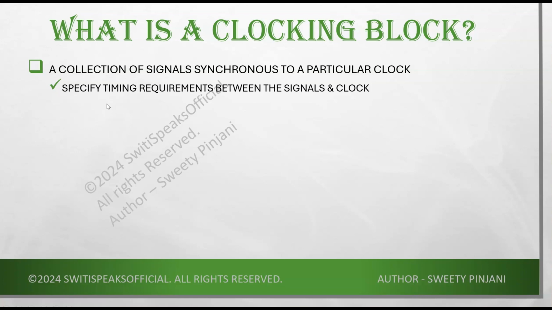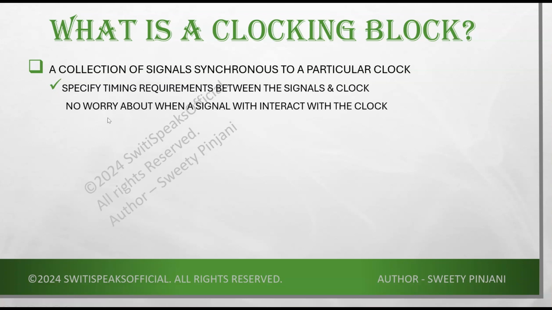What does a clocking block do? It will specify the timing requirements between signals and clock. What are these timing requirements? I am going to explain it to you with the help of example. For now, remember, in clocking block, we specify the timing requirements between signals and clock. That's how you will be able to achieve synchronization.